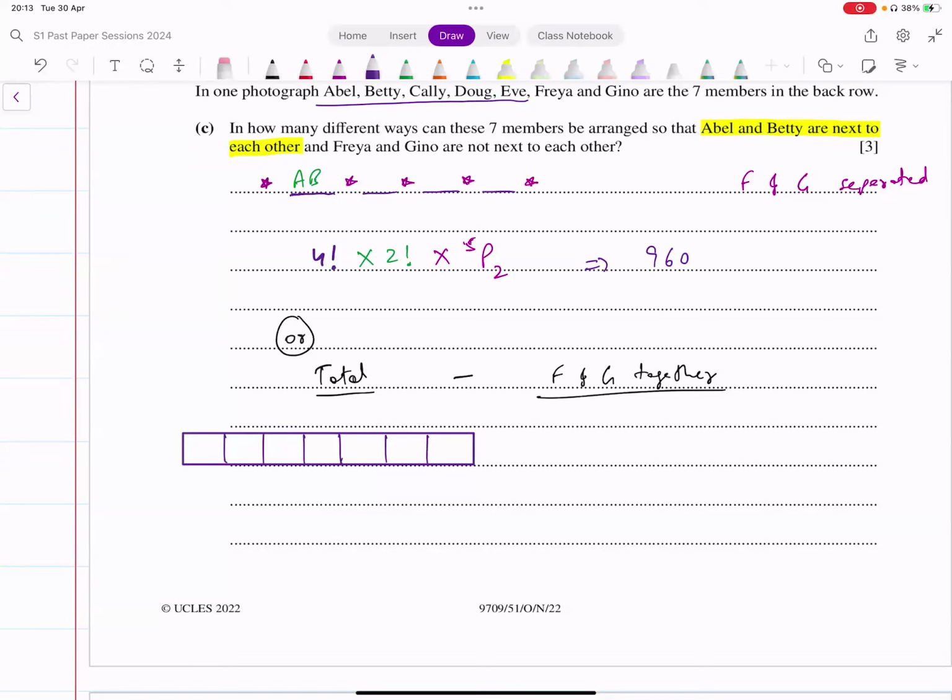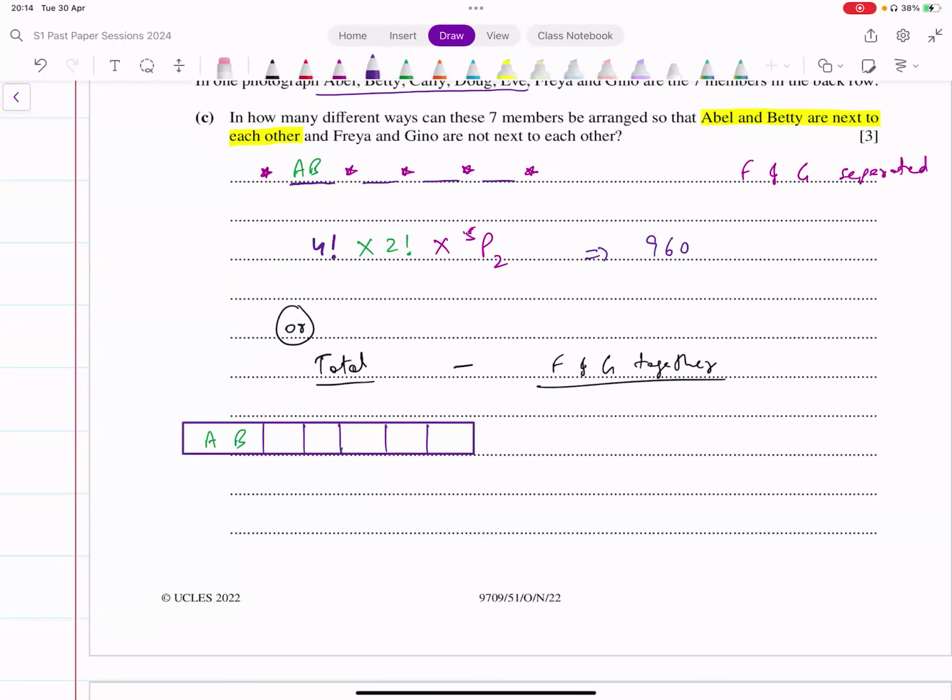A and B, however, have to be together. So we merge 2 boxes and put A and B in that one box. On the remaining 5 people, we have no condition. So we have 6 factorial for these boxes, and then 2 factorial for A and B switching places.